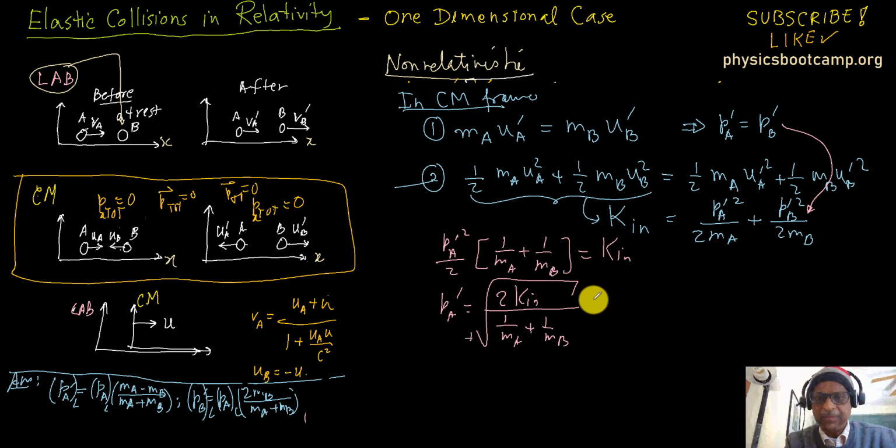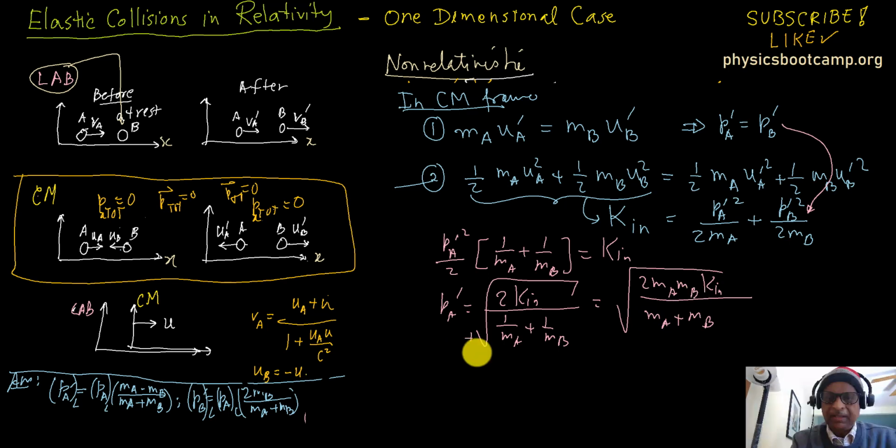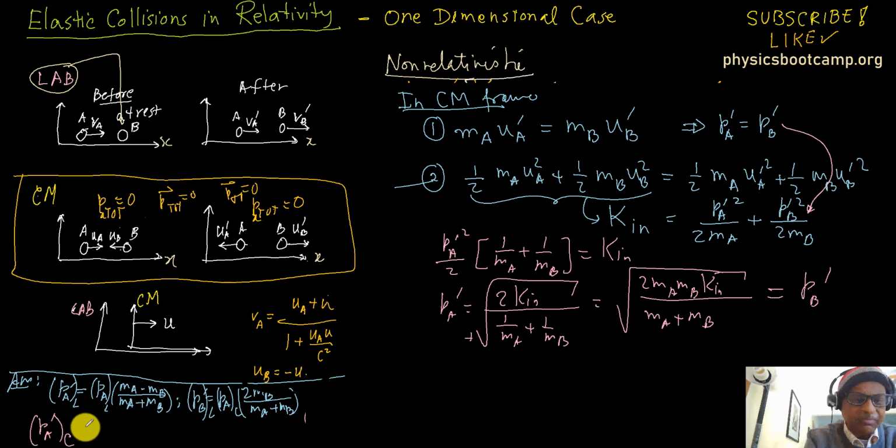And so I can simplify this: 2 MA MB K in over MA plus MB, and this is also equal to PB prime. So PA prime in the center of mass frame is this stuff.